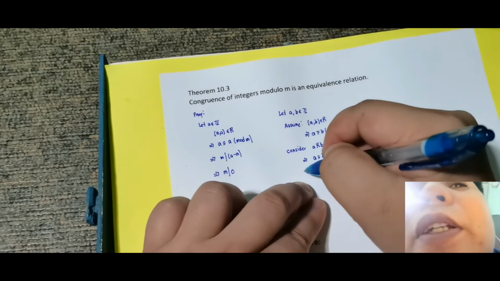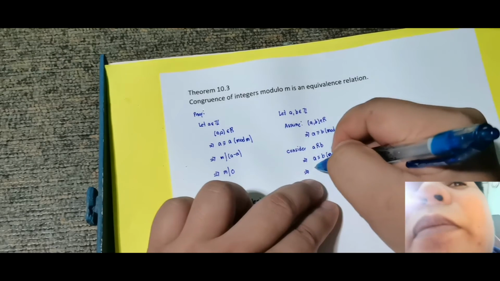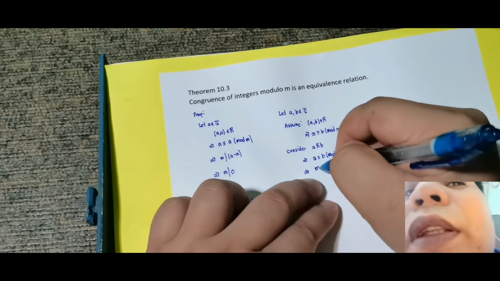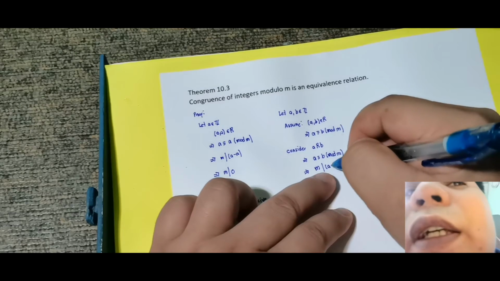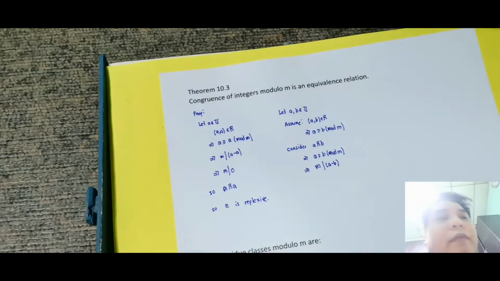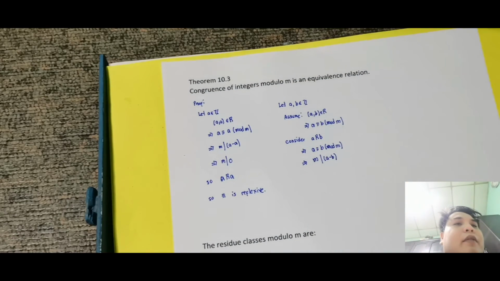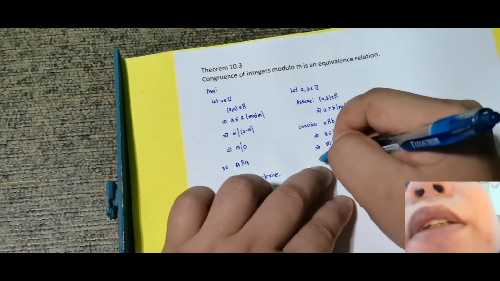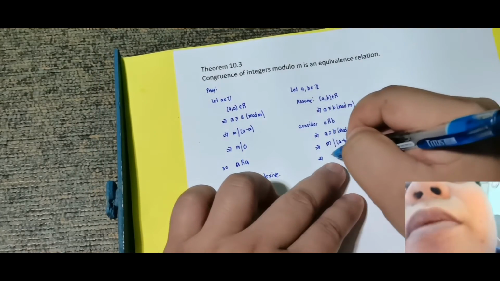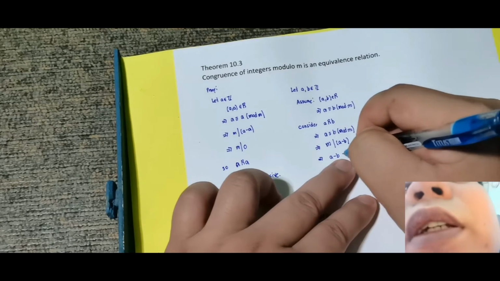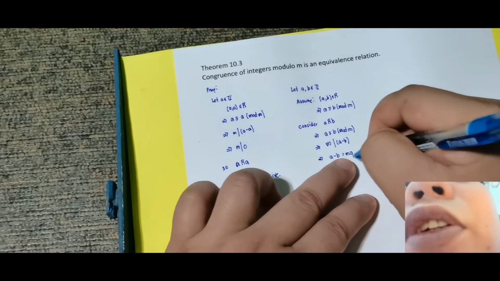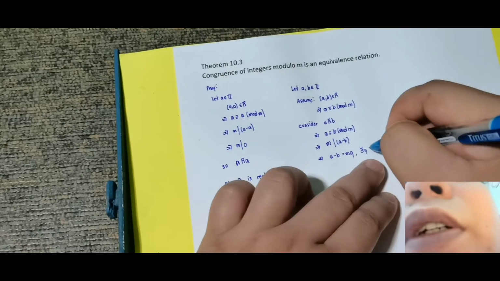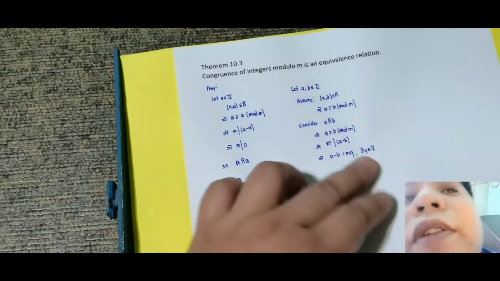Okay, then by definition, this is m divides a minus b. Then by definition of divides, that is a minus b is equal to mq, for some q element of integers.